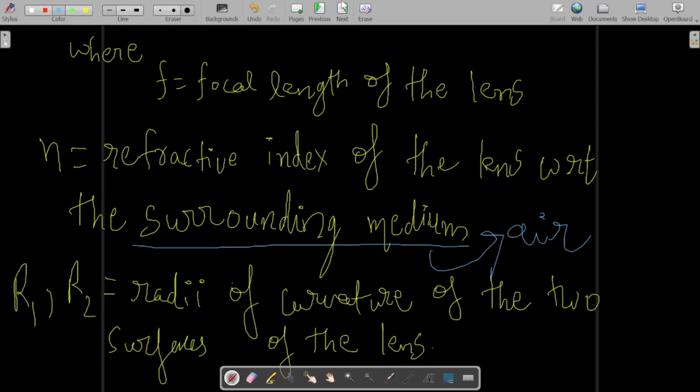So with respect to air, n by 1 will come in the expression, which simply means it is equal to n. So n is the refractive index of the lens with respect to the surrounding medium, but since the surrounding medium is air, it is equal to the absolute value of the refractive index of the lens.